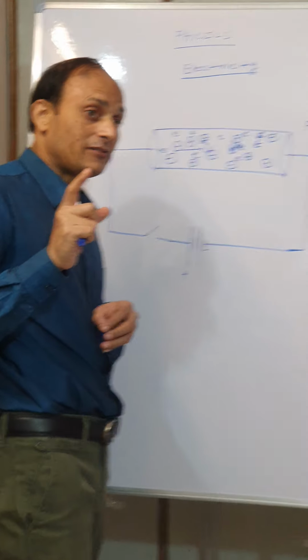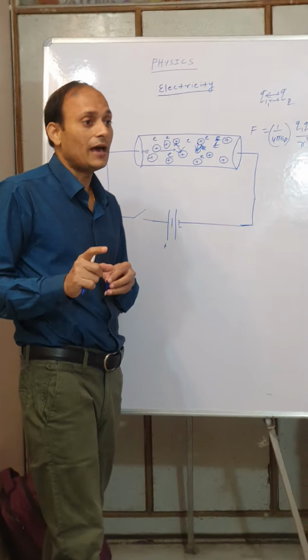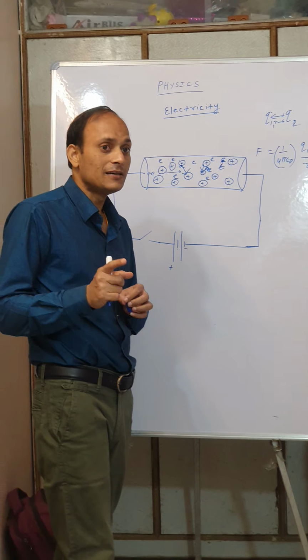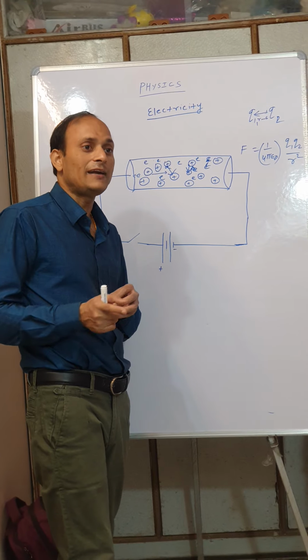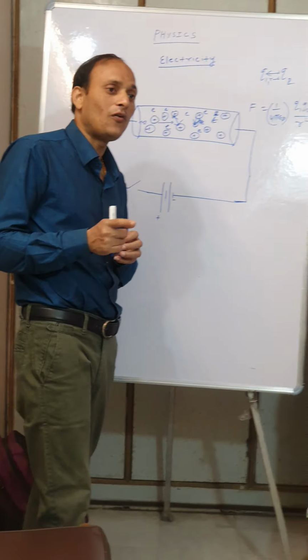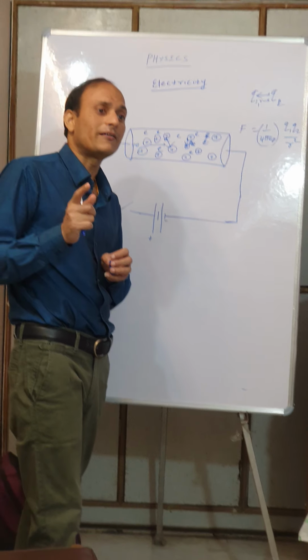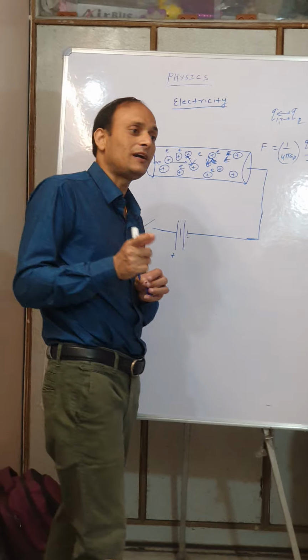What did we define electric current? Keep in mind, we defined electric current as the rate of change of net electric charge, or say the rate of flow of a net amount of electric charge crossing a particular cross section of the conductor.